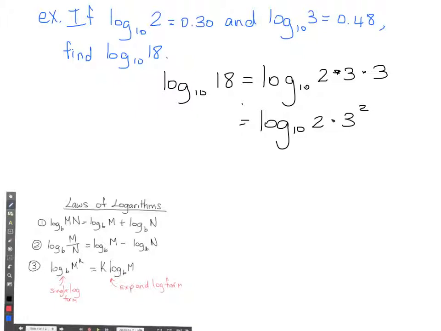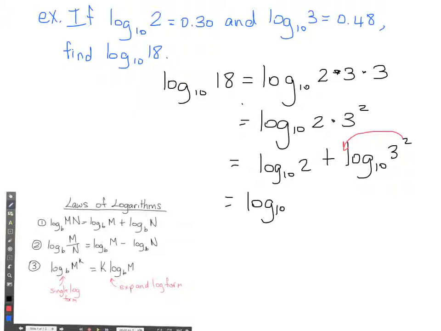All right, so now according to our first rule, this is really the same thing as saying log to the base 10 of 2 plus, and I'm separating it, I'm expanding my log here, log to the base 10 of 3 squared. I can expand my log even more by getting this exponent over here, and I have log to the base 10 of 2 plus 2 times log to the base 10 of 3.